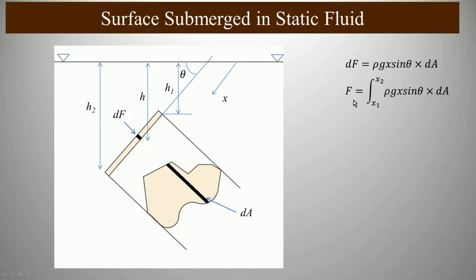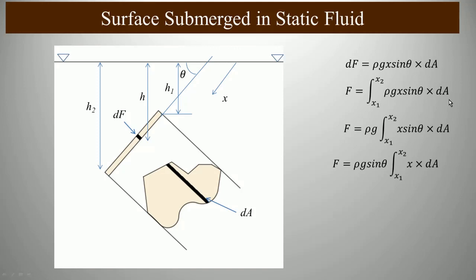Now we will integrate this along the whole area, from x1 to x2. We get F is equal to the integral from x1 to x2 of rho g x sine theta dA. Now we know rho g is constant, so we can take it out. Sine theta is also constant, so we can remove it.